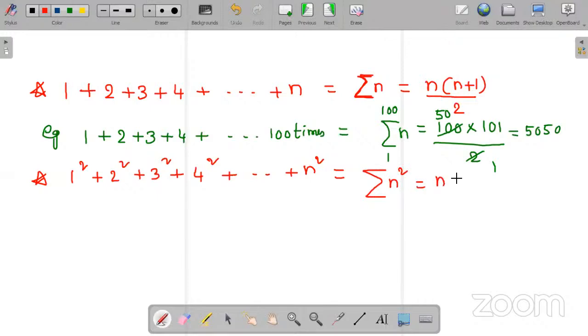The formula is n into n plus 1 into 2n plus 1 by 6. Let me write once again this formula for your better understanding. Right. See, n times n plus 1, 2n plus 1 upon 6.